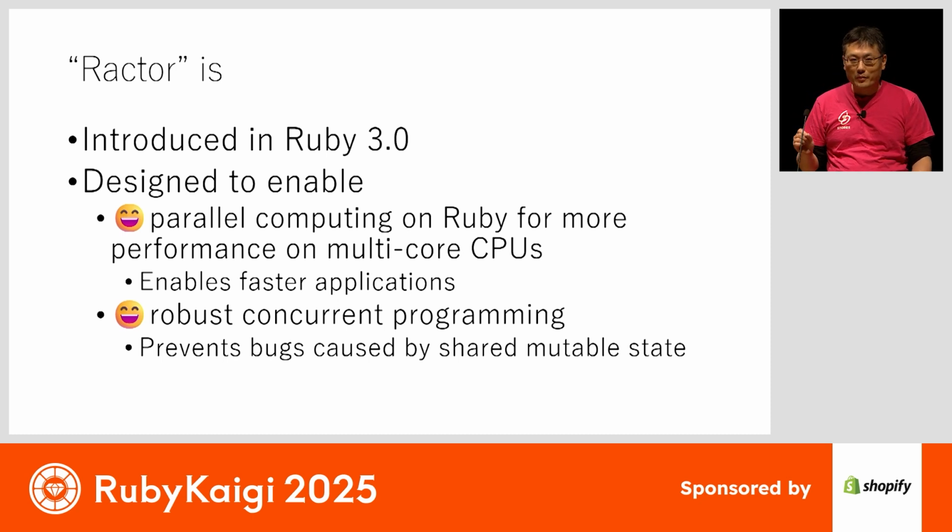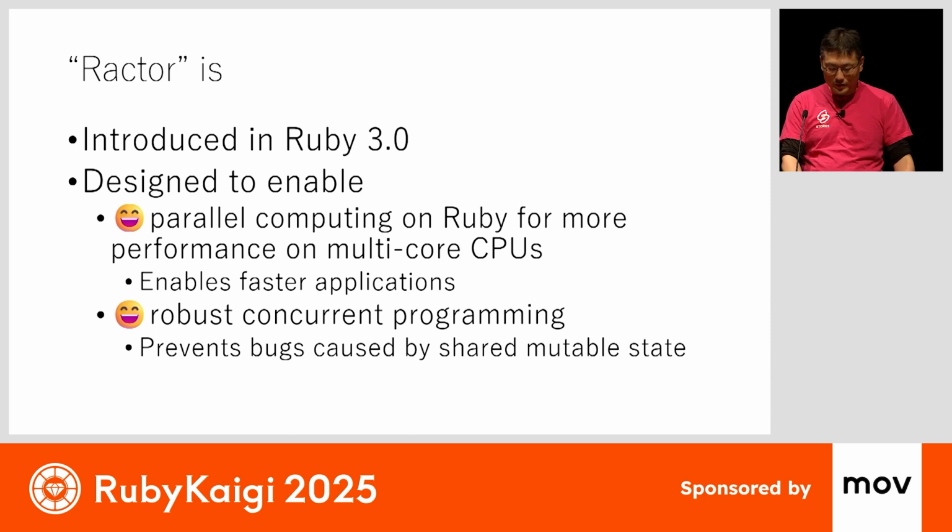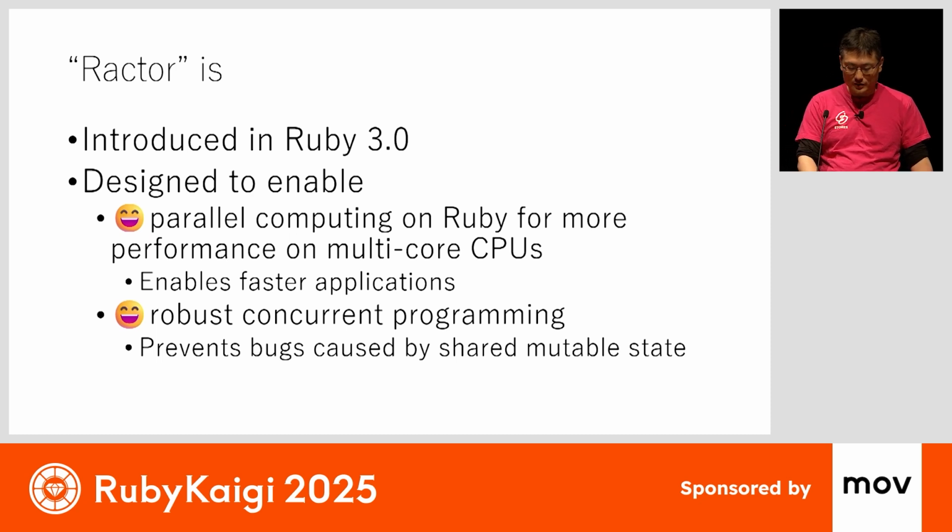Second, robust concurrent programming. As you know, thread programming has many issues. With Ractor's isolated object spaces, we can avoid common concurrency bugs, especially those caused by shared mutable state. So overall, Ractor gives us a safer and faster way for concurrent programming in Ruby.